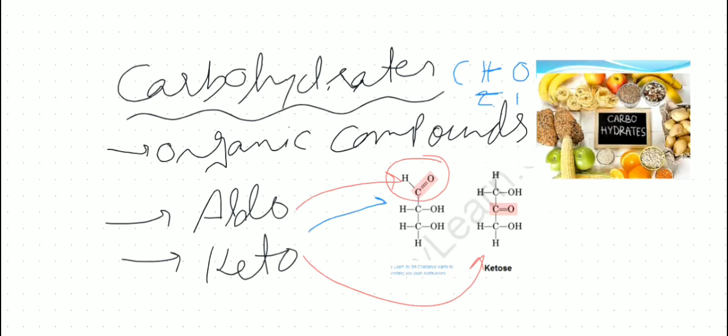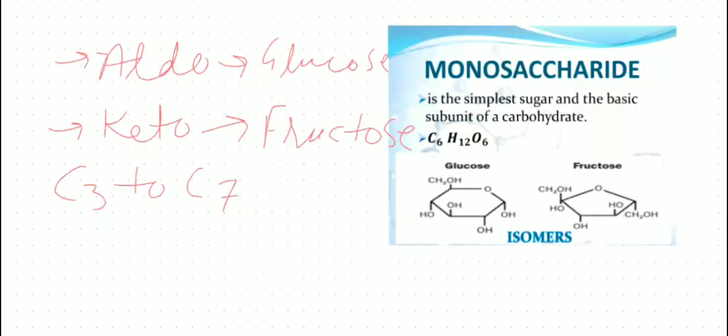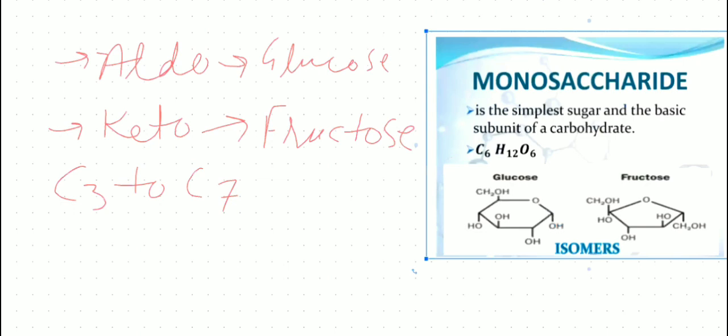So within the carbohydrates there are two types, aldo carbohydrates and keto carbohydrates. Students, let's have a look at the classification of carbohydrates.